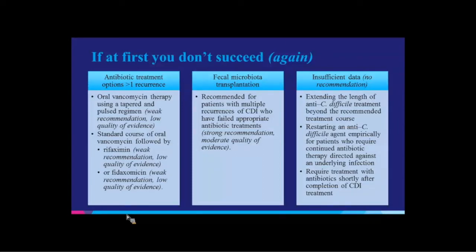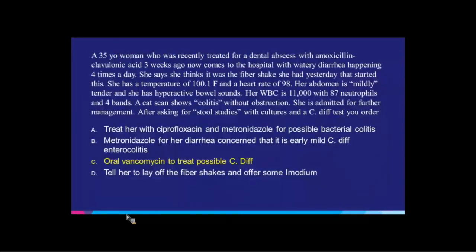And same for people who require antibiotics shortly, like last week you finished your C. diff treatment. What do you do when you need something for the pneumonia today? Don't know. So take home here is oral vancomycin because you're thinking C. diff.